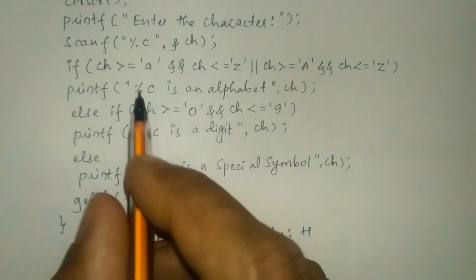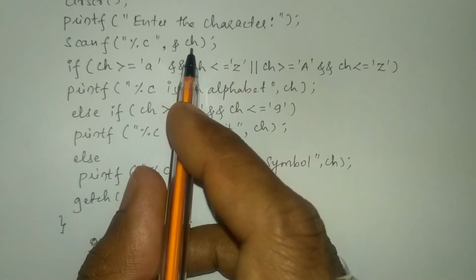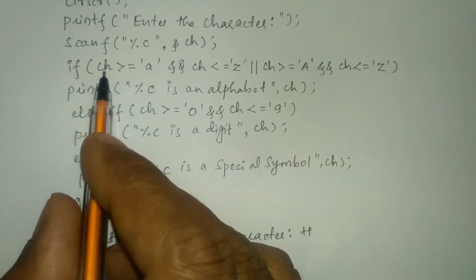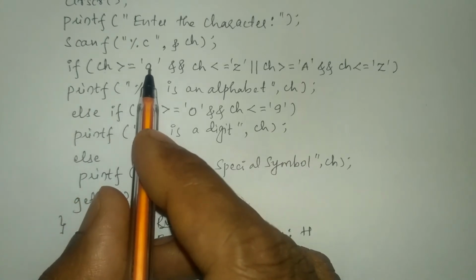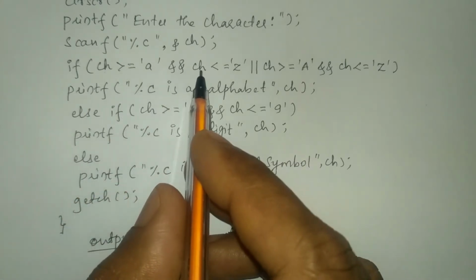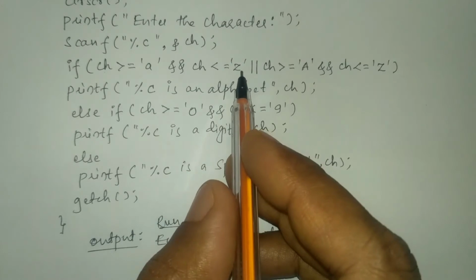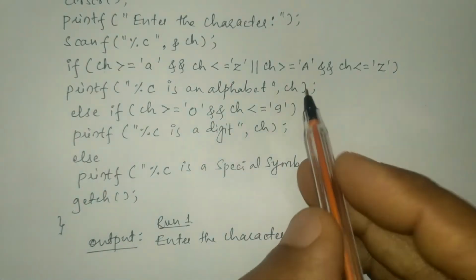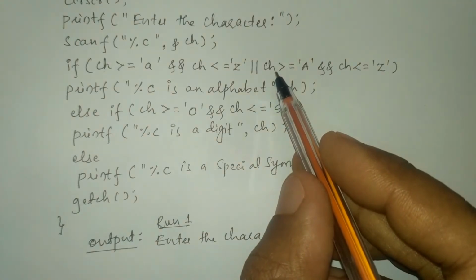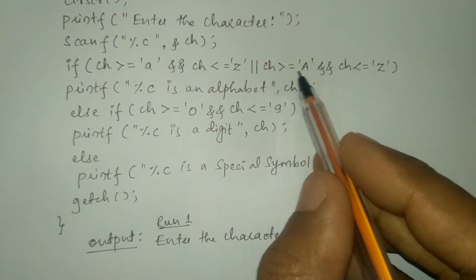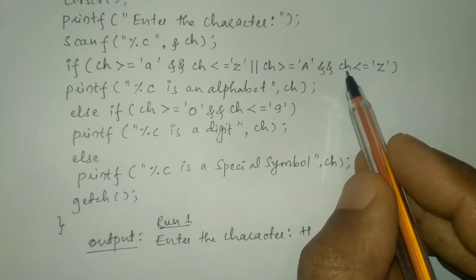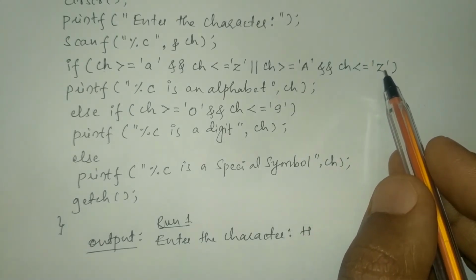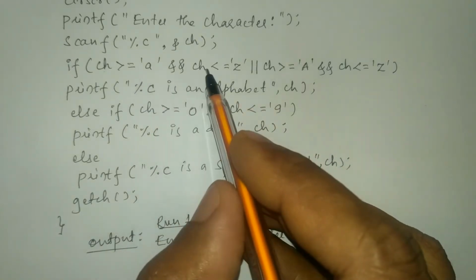Okay, so ch will receive capital H, and this condition will be checked: whether the entered character is greater than or equal to lowercase letter a and ch is less than or equal to lowercase letter z. Here you can see capital H does not lie in this particular range. Next, ch is greater than or equal to capital A and ch is less than or equal to capital letter Z. So this condition is what?